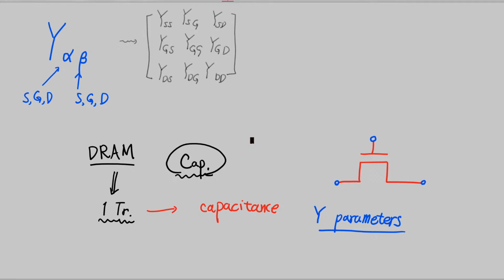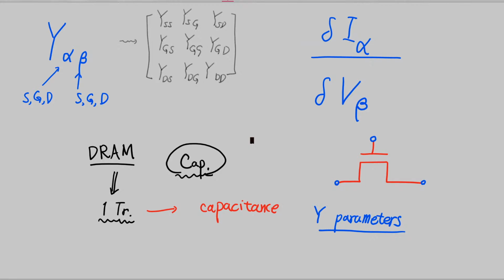This corresponds to a ratio of delta I over delta V, where the voltage excitation is applied to the beta terminal, and you observe the fluctuation or response of the terminal current at which terminal? Alpha. So this corresponds to the Y parameter defined at the alpha beta configuration.